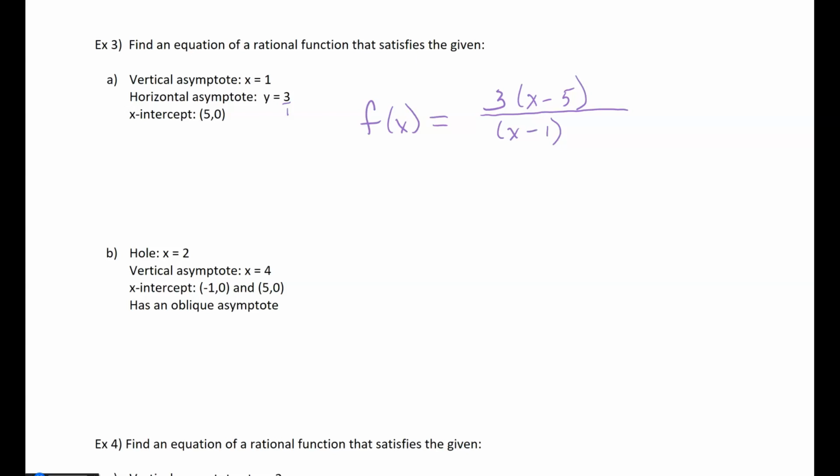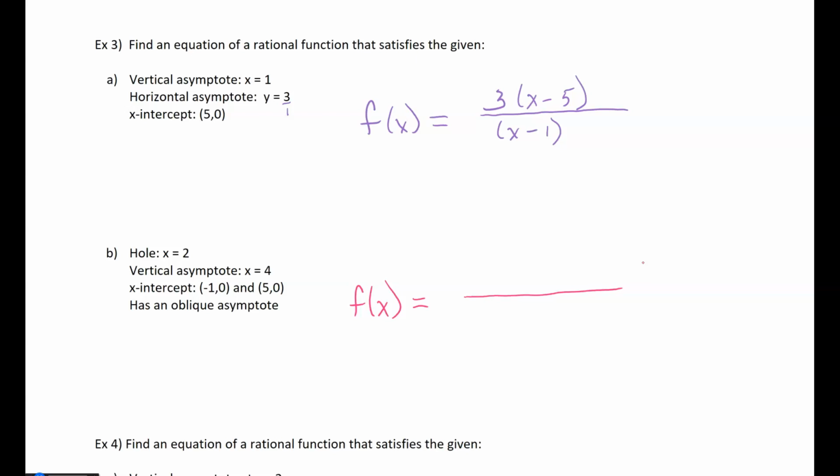For the next one, again, it's a rational function. So I have f of x equals, and I'm going to make my fraction bar. The first attribute they told us was there's a hole at x equals 2. In order to have a hole, a term has to divide out.